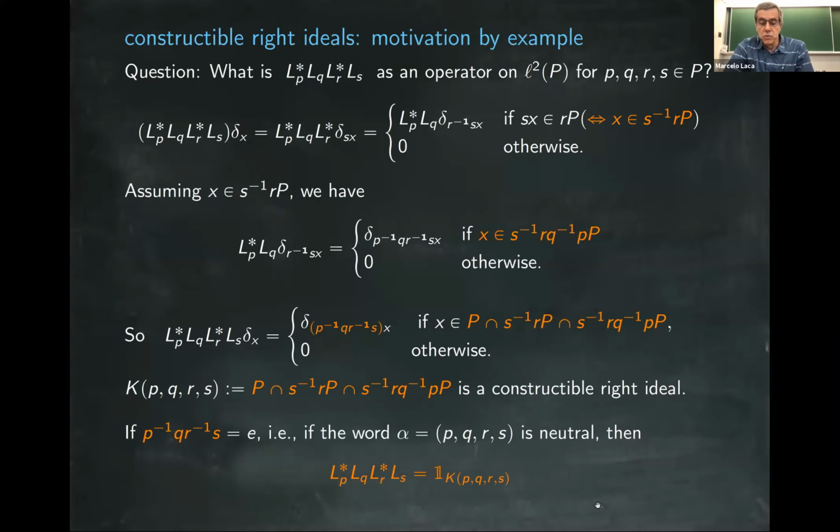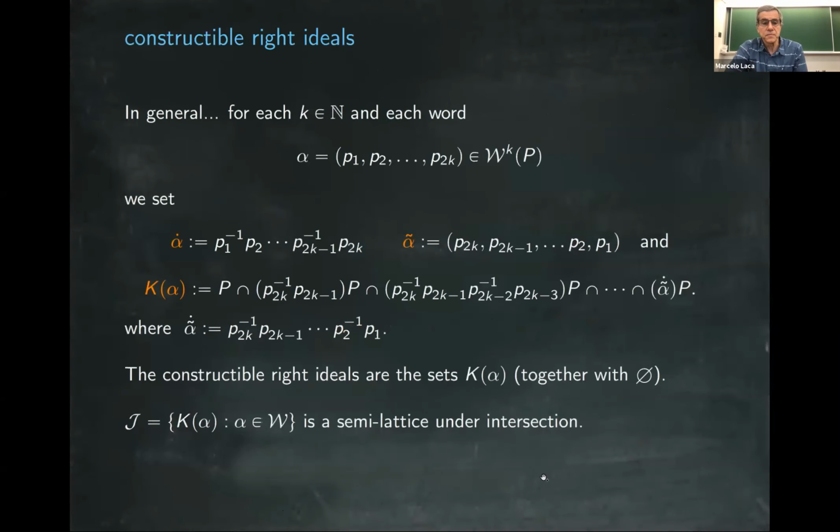So when those words alpha, PQRS are neutral, then the initial operator LP star, LQ, LR star, LS is simply multiplication by the characteristic function of the subset. So this replaces the cones. This is the idea that Shinli abstracted from the left regular representation. And he said, let's make that our focus.